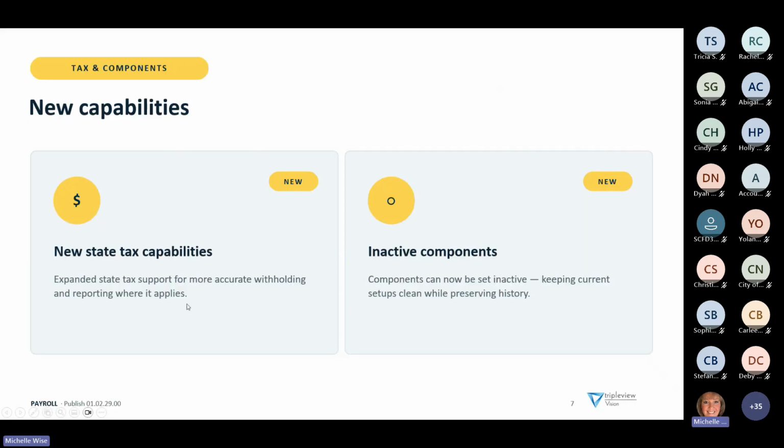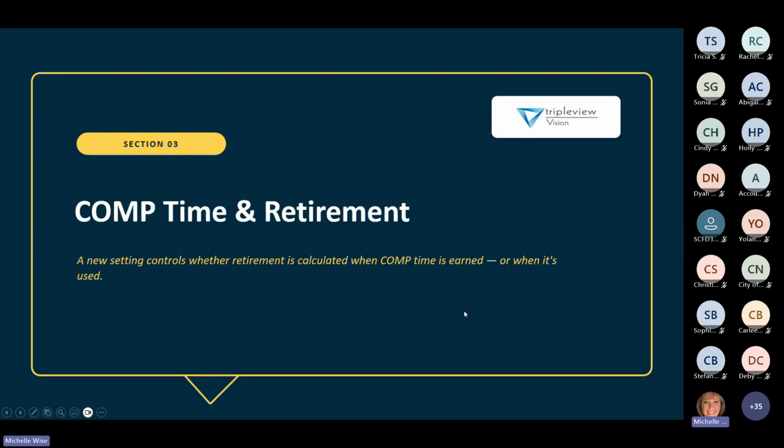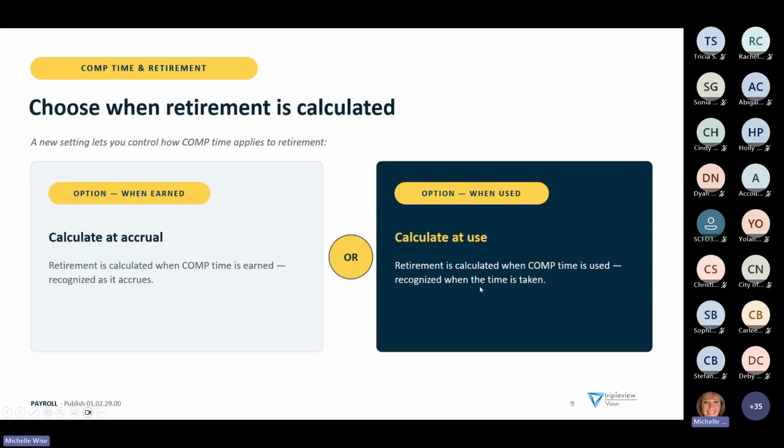Let me make sure I went over expanding the taxes to the components. Comp and retirement. So we have added a new feature that allows you to determine and choose when retirement is calculated. This came up for a couple of customers. They were having some questions on how this was being set up.